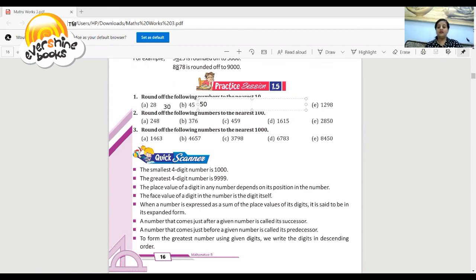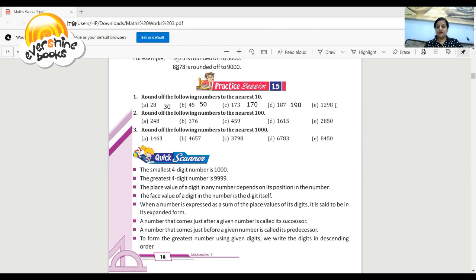We will add 1 at the tens place, that is 4. 173 will be 170 only because 3 is the lesser number. 187 will be 190 because 8 plus 1 will be 9 and we will put 0 at the one's place.